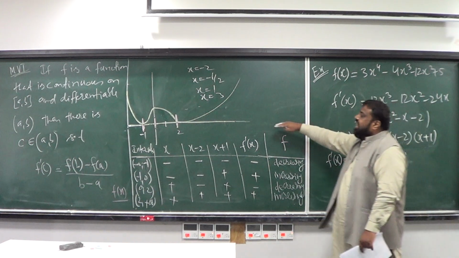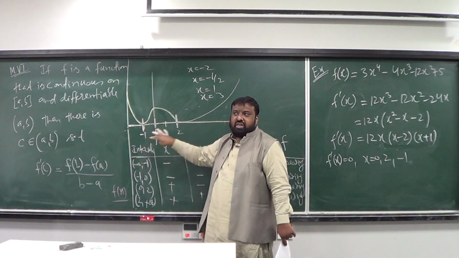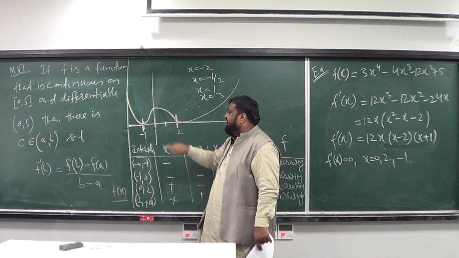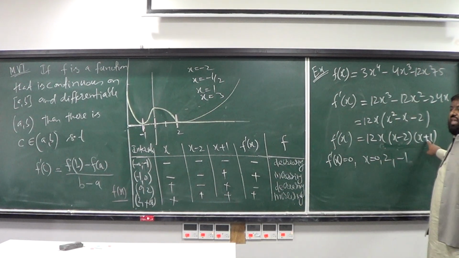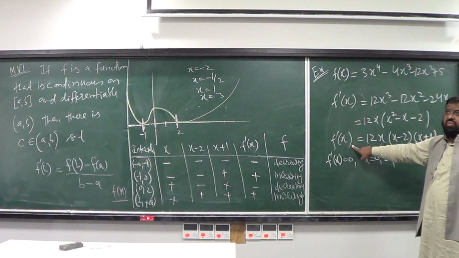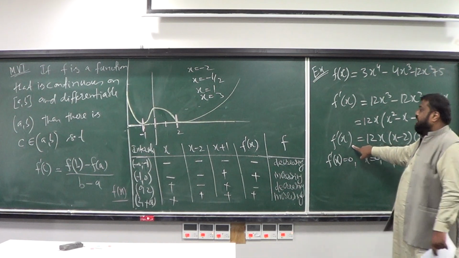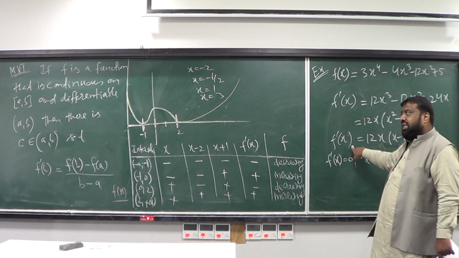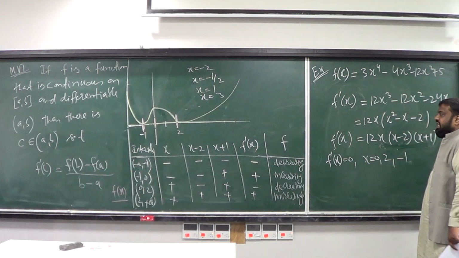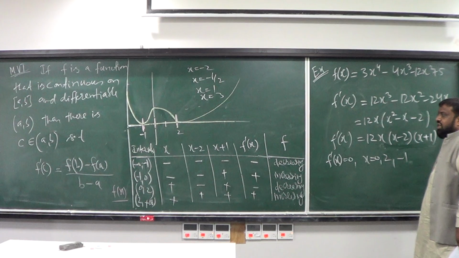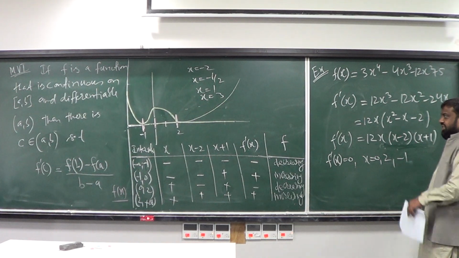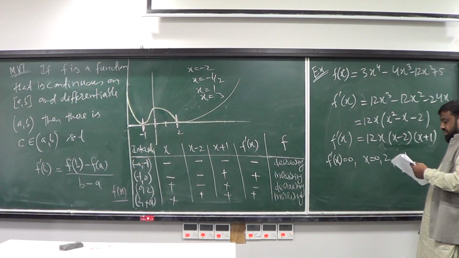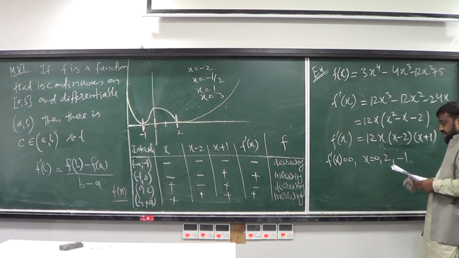Then split your real line into 3, 4, whatever parts, and in each interval see what happens to each factor, and try to determine the sign of f prime. If f prime is positive in that given interval, you say that your function is increasing, and if it is negative, your function is decreasing, and obviously if it is 0, then you are at a stationary point. So this is one of the first things.